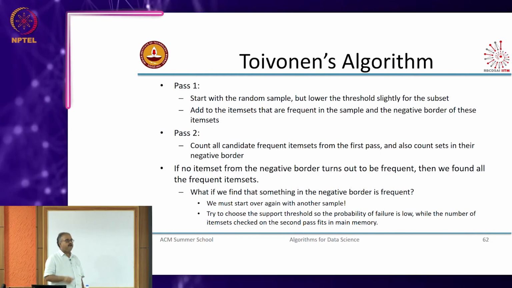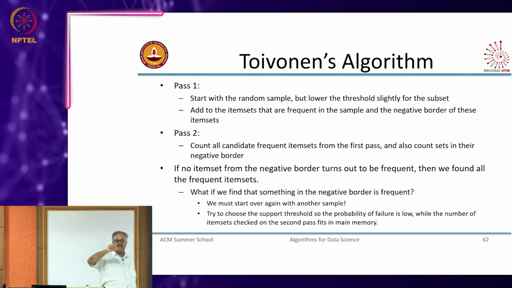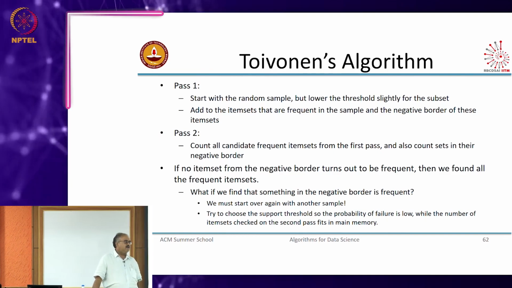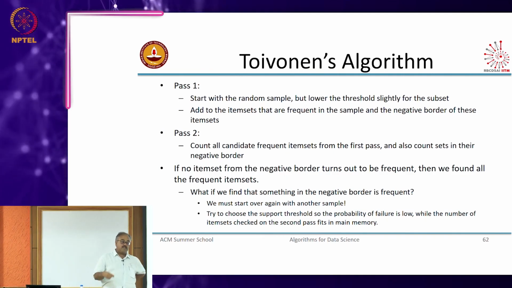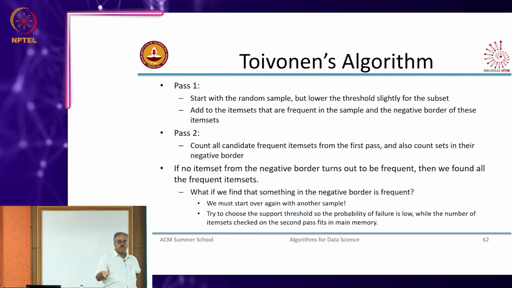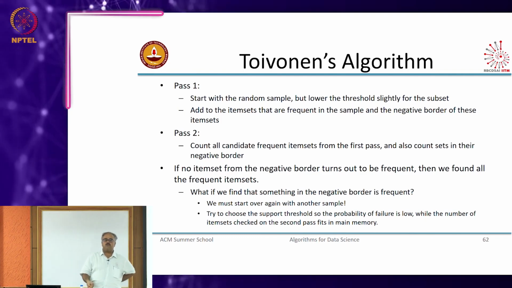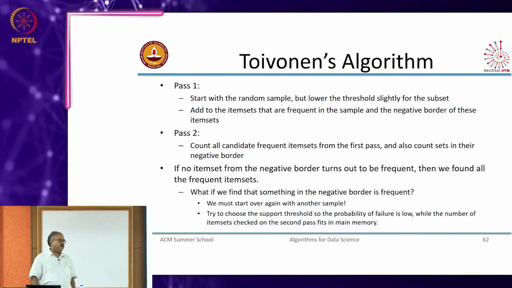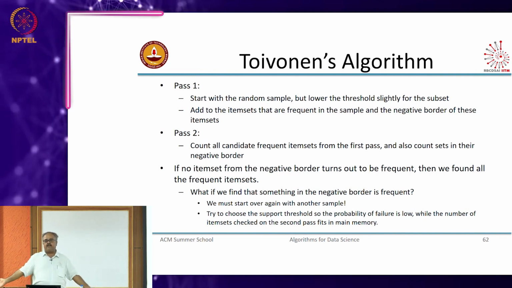One way to avoid this happening is to make sure that the threshold you set, instead of S by 125, maybe is S by 150 or something. What is the challenge in setting the threshold too low? If you set the threshold too high, there is a chance that you might miss truly frequent items. So, you want to lower the threshold, but if you set it too low, you may generate too many candidate pairs or too many candidate item sets, and so when you are counting in the second pass, the count table might not fit into memory.